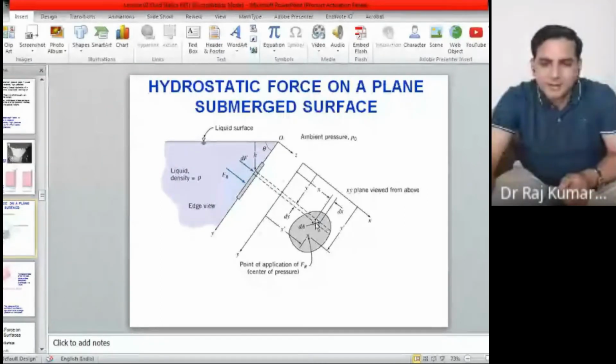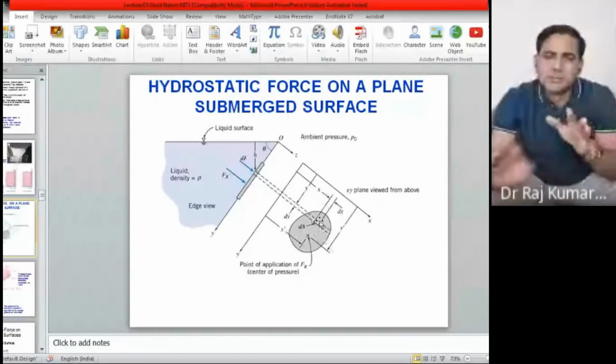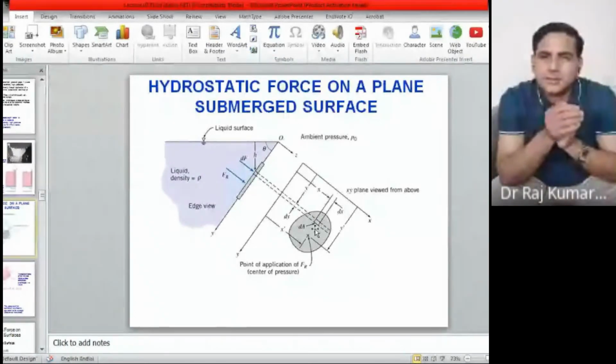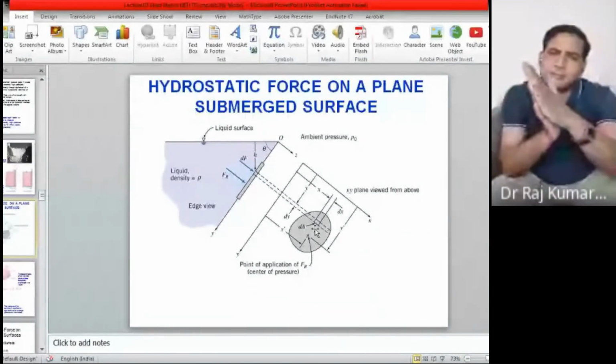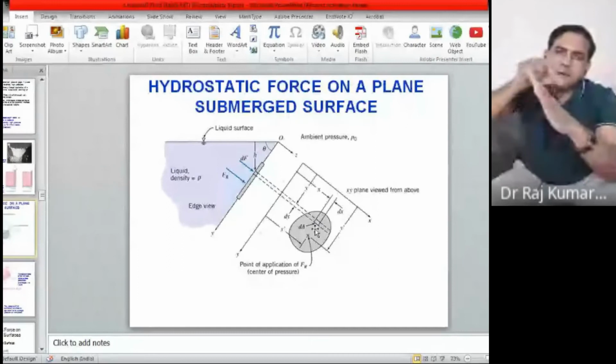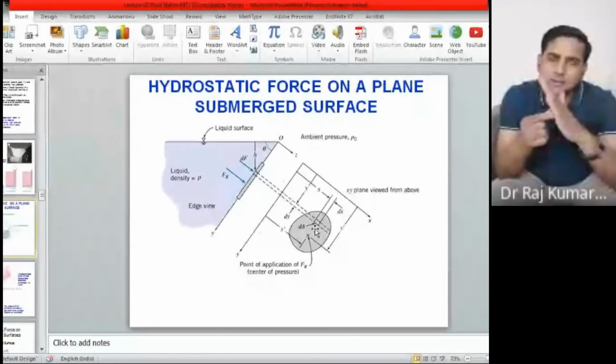So this is the differential area dA. Here the x coordinate is given as dx and the y coordinate is given as dy. So dA is dx into dy because it is a rectangular surface. Is that fine? Just like that. You have this palm: the change you made is dy and the width is dx. Is that fine?